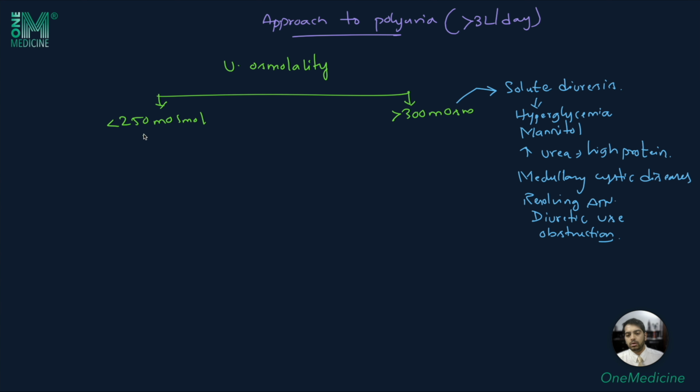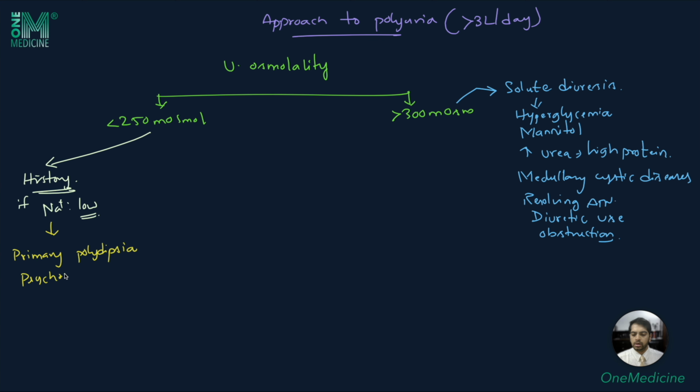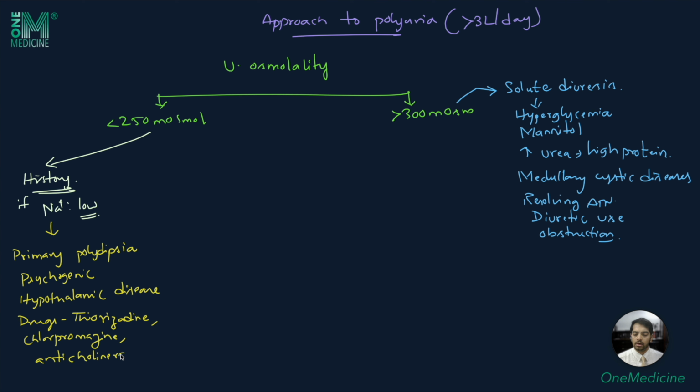In patients with urinary osmolality of less than 250, review the history, and if the patient has serum sodium levels which are low, the diagnosis is likely to be primary polydipsia, which can be either psychogenic or with an underlying hypothalamic disease, or certain drugs such as thioridazine, chlorpromazine, and certain anticholinergic agents may cause polydipsia.